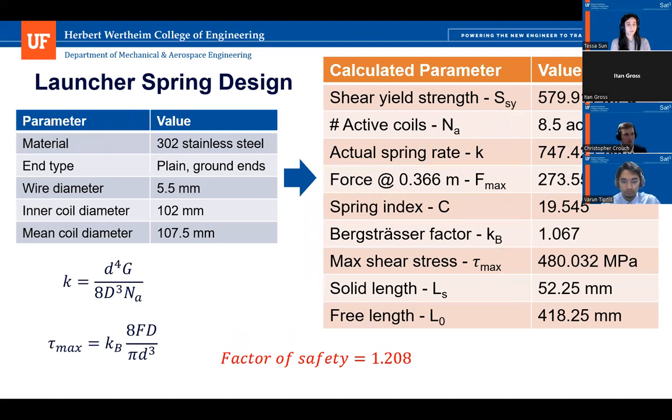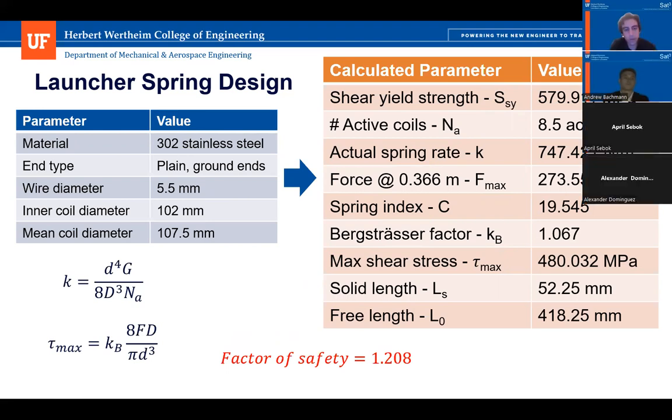The table in orange shows all of the calculated parameters based on those aforementioned parameters seen in the blue table. The actual spring rate increased slightly due to rounding the number of active coils to an attainable number. Also, the solid length of the spring was an integral part of reducing our design's weight, as it defined the lower bound for how much overall length of the CSD was necessary.